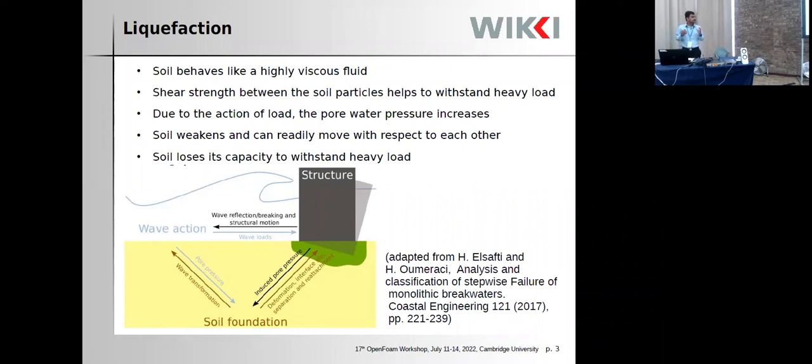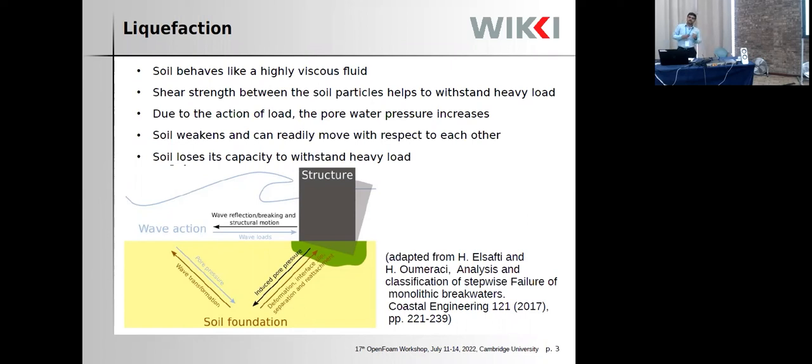And this pressure helps to keep the soil particles attached to each other. This also exerts shear stress between the soil grains, which helps the soil to withstand heavy loads, for example a breakwater like here, and also a gravity anchor.